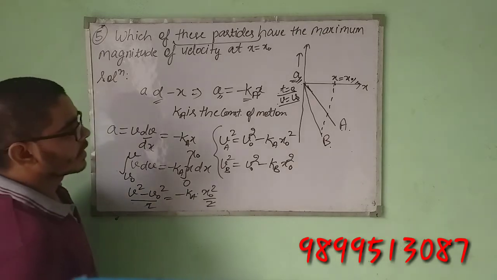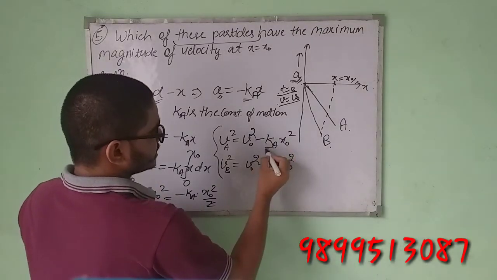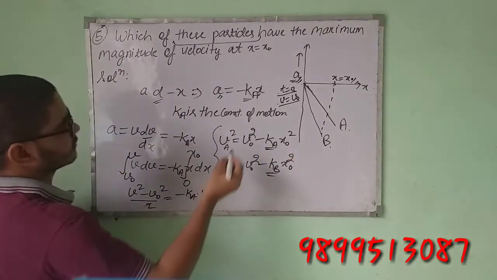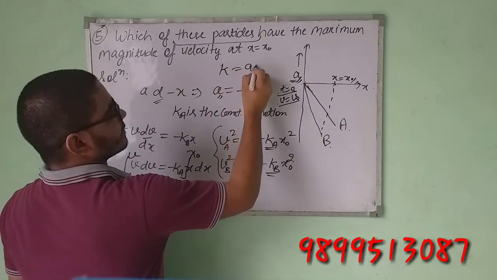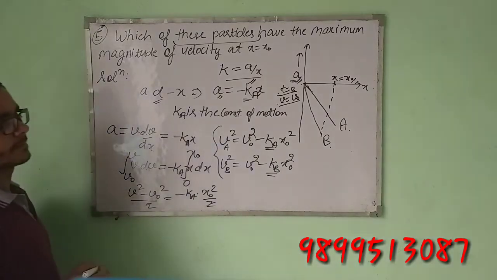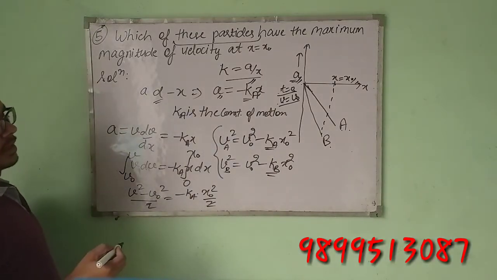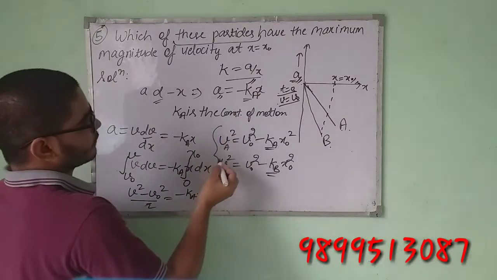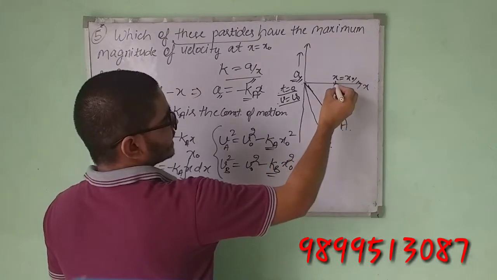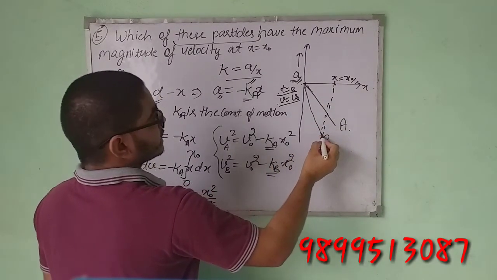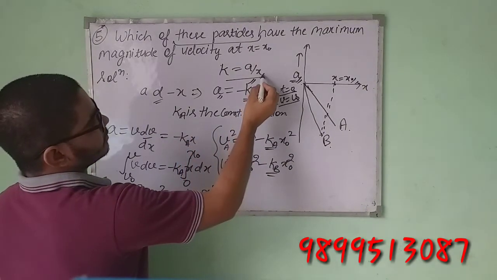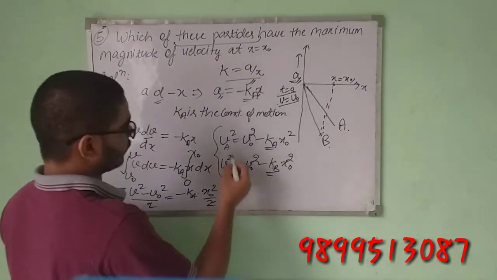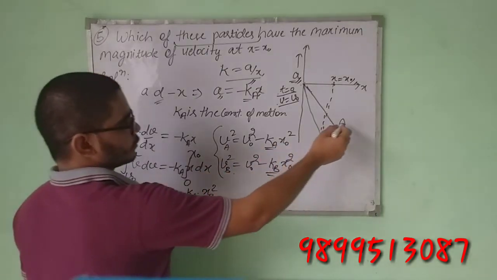See, k, which is the constant of motion, which came in this equation, say k is in general equal to a upon x, right? Now we have this equation of motion of the two particles, right?